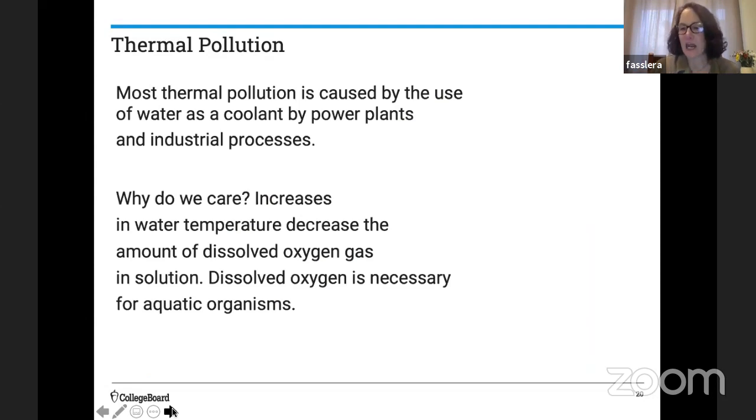Now let's make that connection to why we care if the temperature gets, in this case, too warm. When we talk about thermal pollution, it's one of those things where I don't add an actual pollutant to the water. I'm not adding mercury, or livestock waste that could have high levels of nitrates or coliform bacteria.